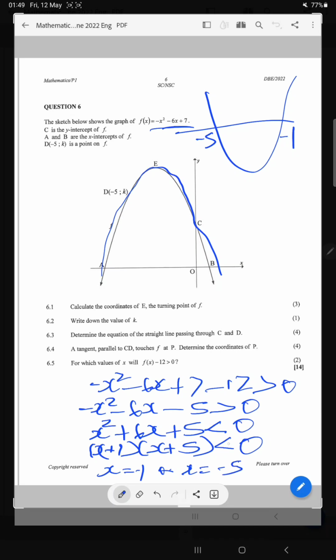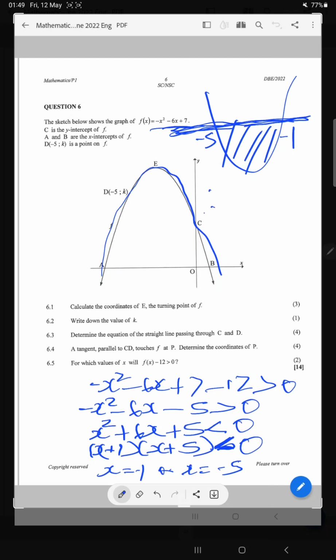So this sign says less than 0. So now we're going into the number line. Everything that is there is going to satisfy this equation.